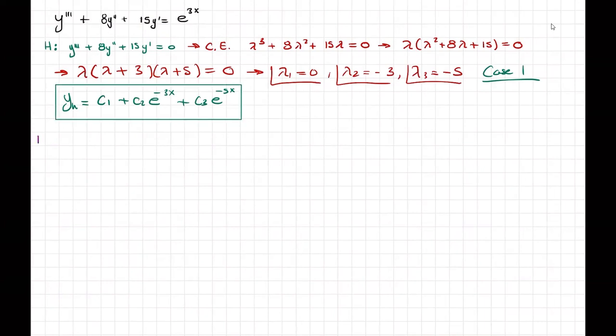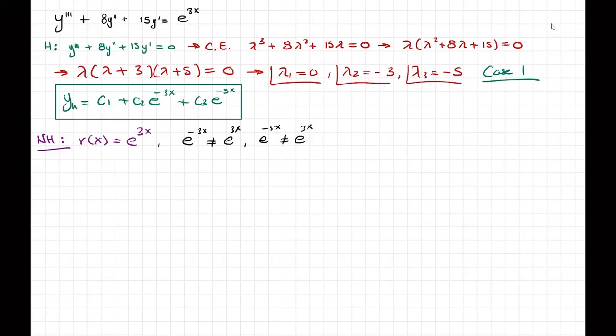Now, once again, I need to solve for the non-homogeneous. So R of x for this one is e to the 3x. Let's just check that we don't have that before. e to the negative 3x is not the same thing as e to the 3x, and e to the negative 5x is not the same thing as e to the 3x.